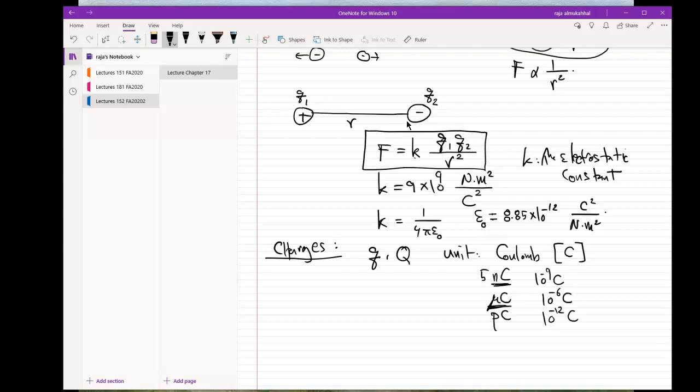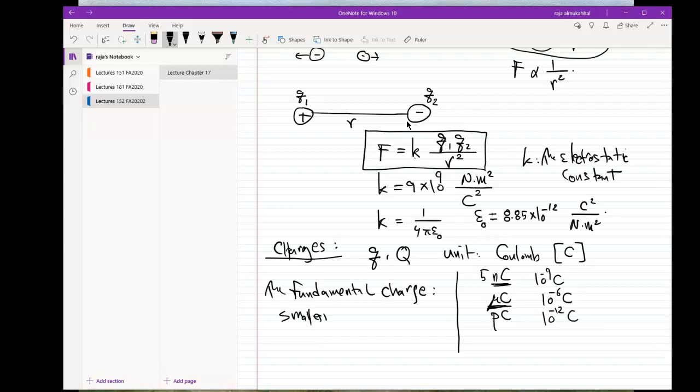Okay. That's one thing. The second thing is we have something called the fundamental charge. The fundamental charge is basically the smallest unit of charge. Okay, that's one way to think about it.